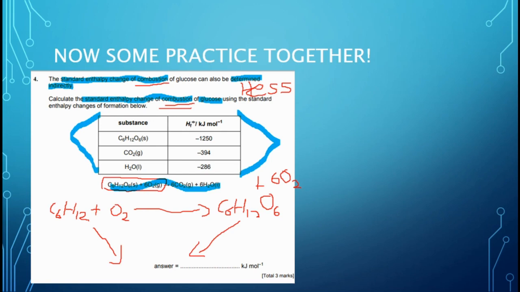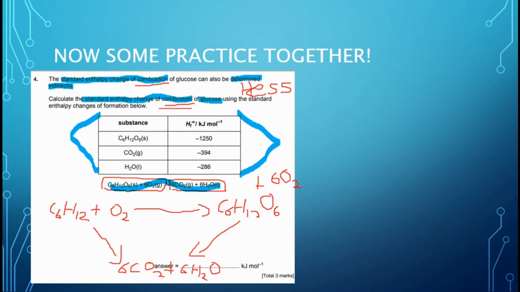For combustion, you would always want to put your combustion products. So if you see right here, we have our 6CO2 and 6H2O. Now this belongs right here: 6CO2 and 6H2O.